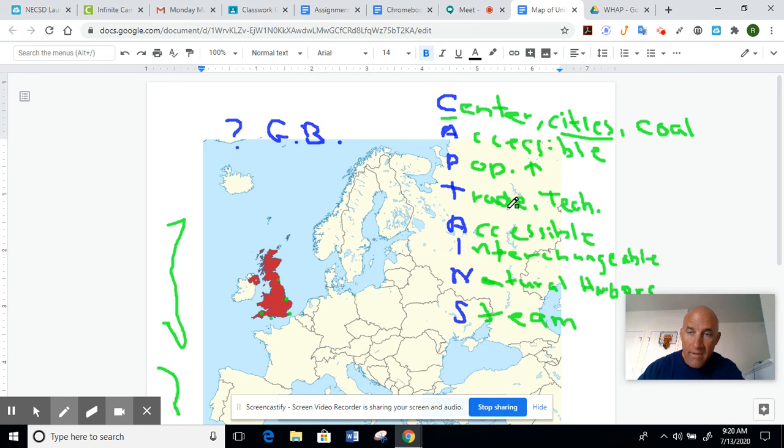You had global trade going on. You had new technologies, interchangeable parts, natural harbors, and then the invention of steam power. If you remember this acronym, CAPTAINS, this might help you understand why the Industrial Revolution happened in Great Britain.